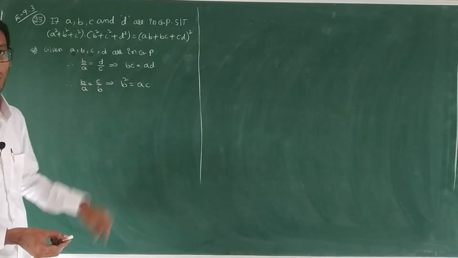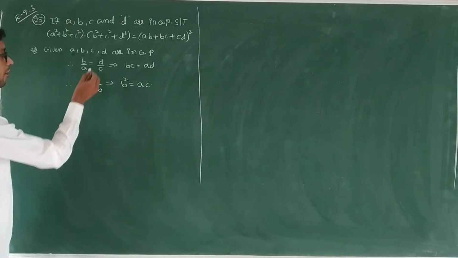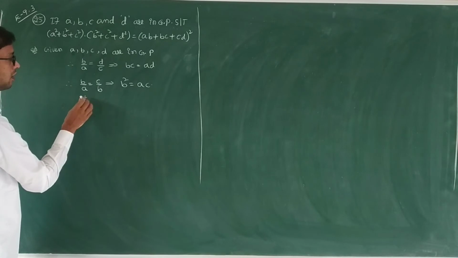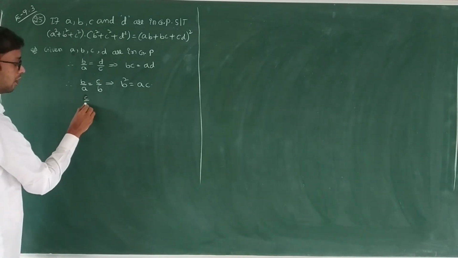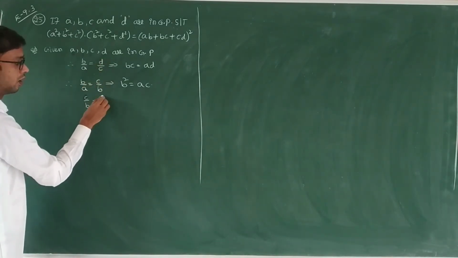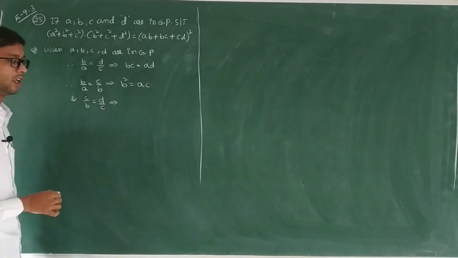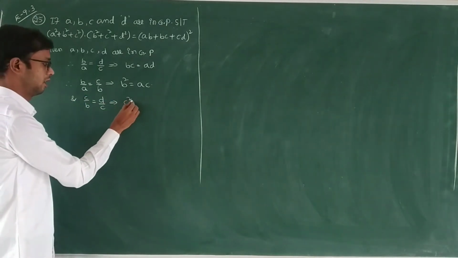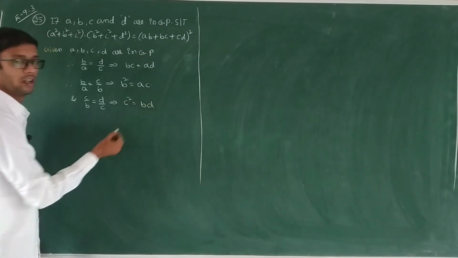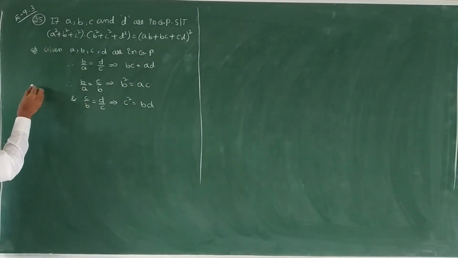Next one, I will take c by b is equal to d by c. Cross multiply: c square is equal to bd. From where are we getting all these? These are coming from the common ratio concept.